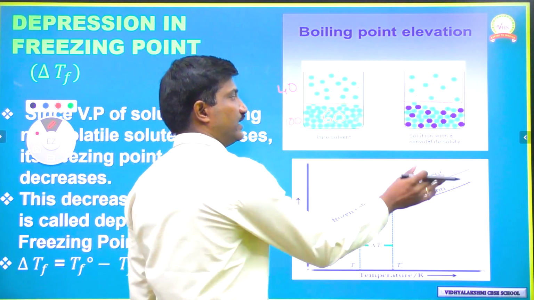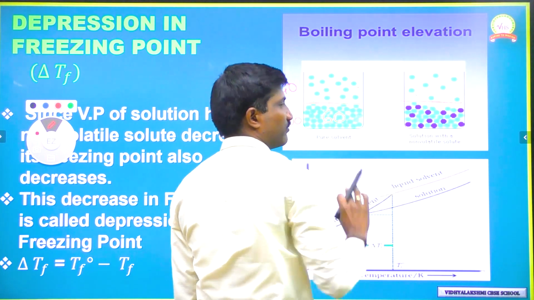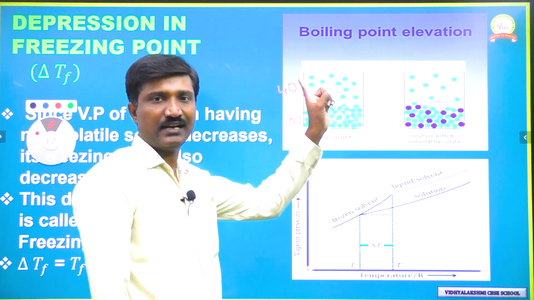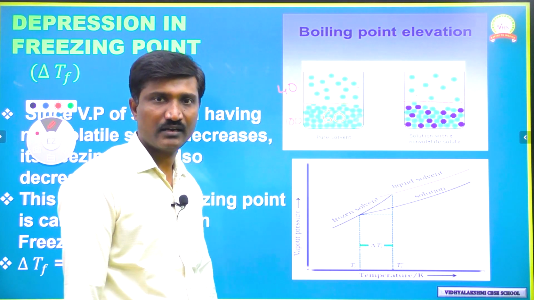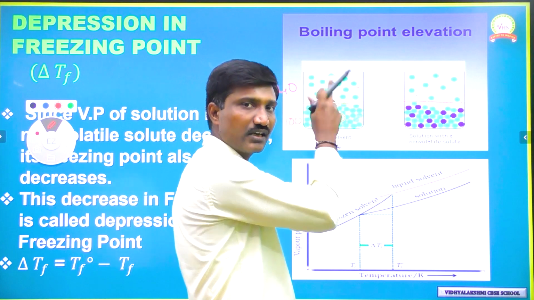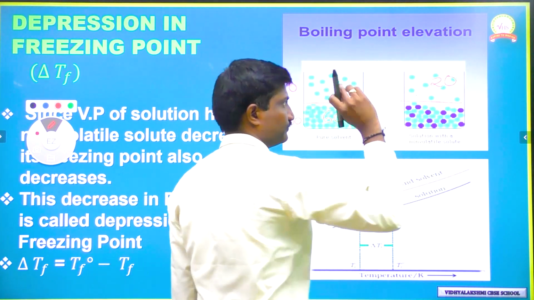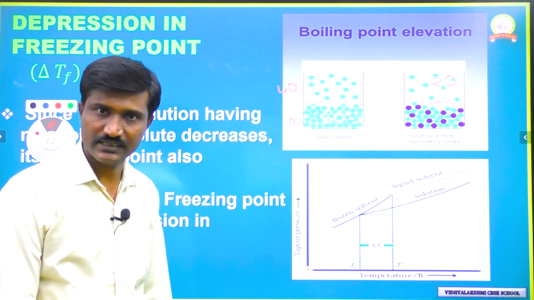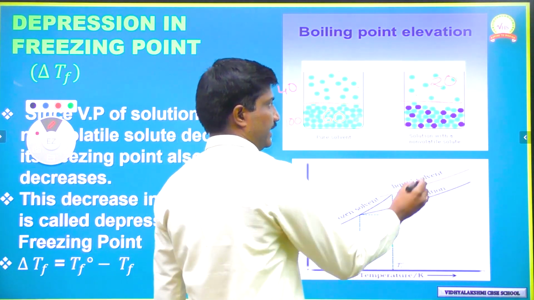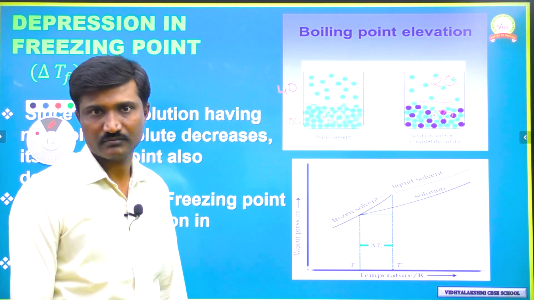Now in the solution, what about the number of vapor molecules? Should it be less than 40 or greater than 40? Less than 40. Let us take that as 20. Then how many liquid particles are there here? 80.